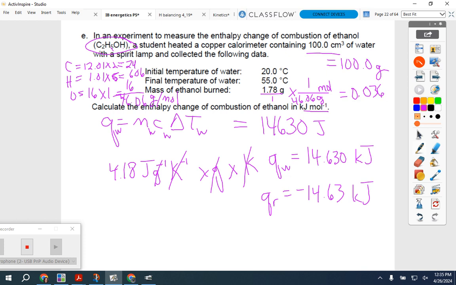And we only have 3 significant digits here, so we only get 3 significant digits in our answer, and that is how many moles we have.